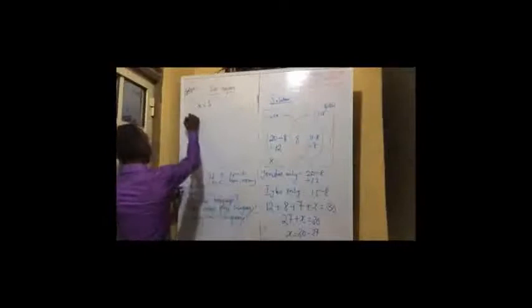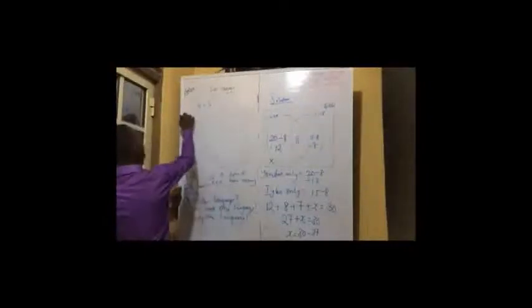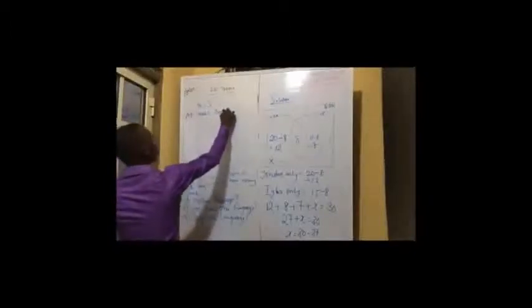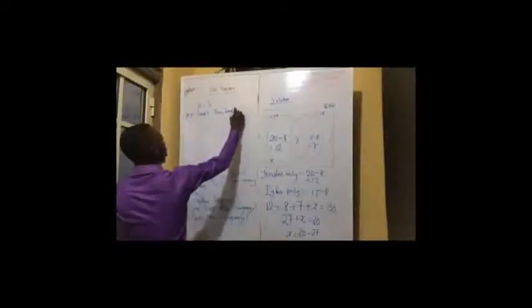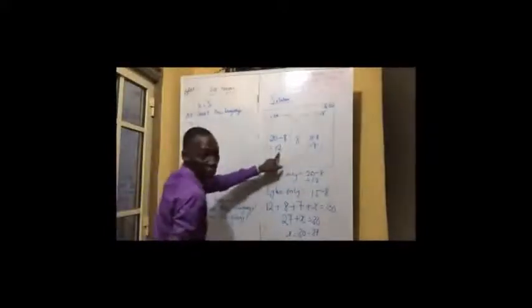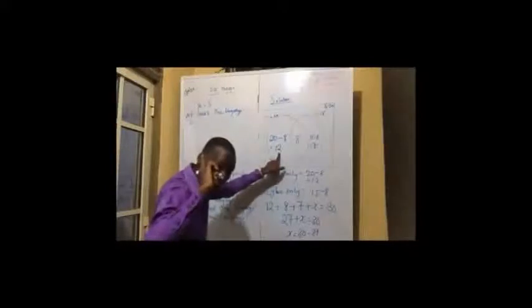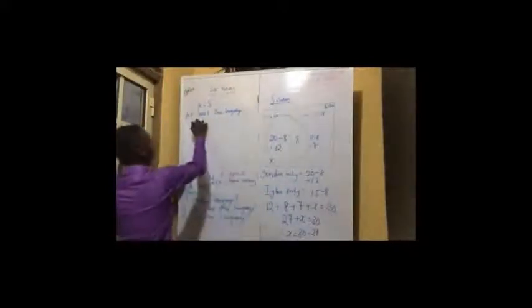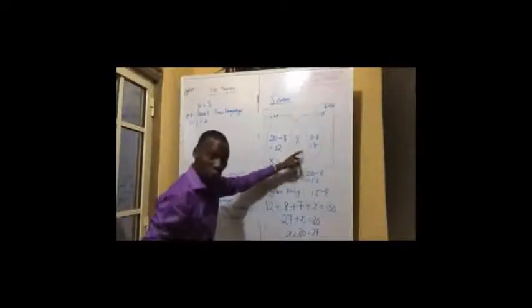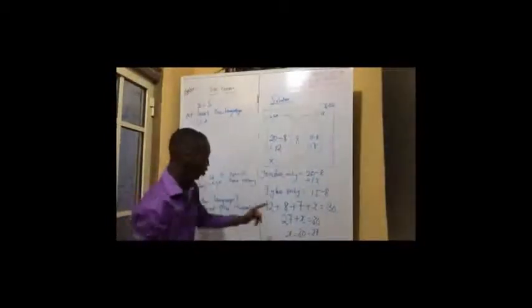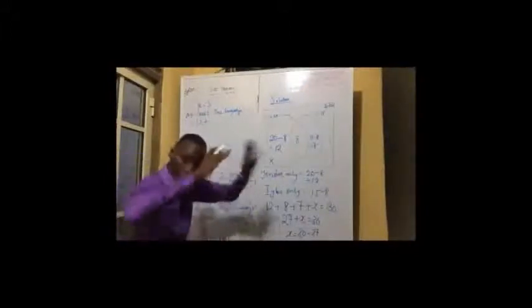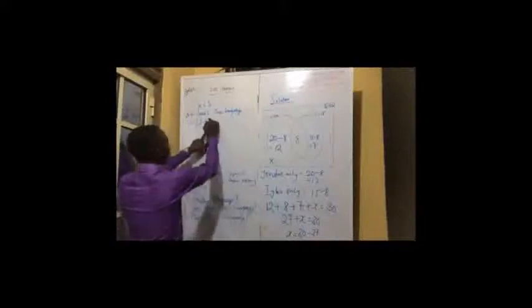So the number of students that speak at least one language will be equal to those that speak Yoruba only. Yoruba only is one language, isn't it? 12, plus those that speak both languages, because both languages are included too. Because we are talking about at least one language, that means one language or more than one language. So I would have 8.